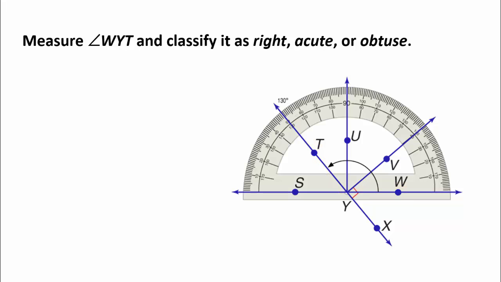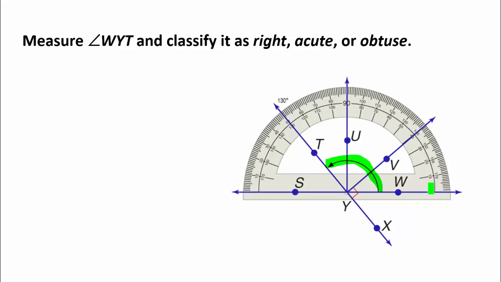So we're going to go ahead and place a protractor above that angle, and we lined up our 0. First of all, we placed our vertex, which is Y, at the center point, and lined up one of our sides, YW, with 0. So now we're going to measure from this 0 to T, if you can follow along that arrow there.